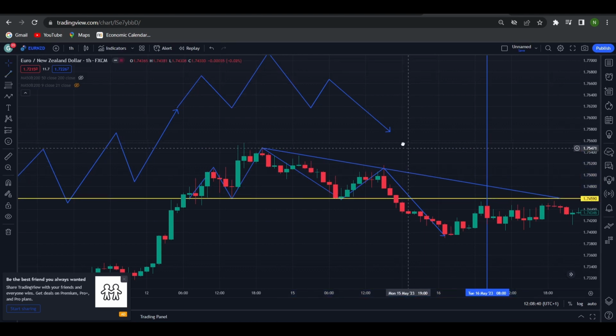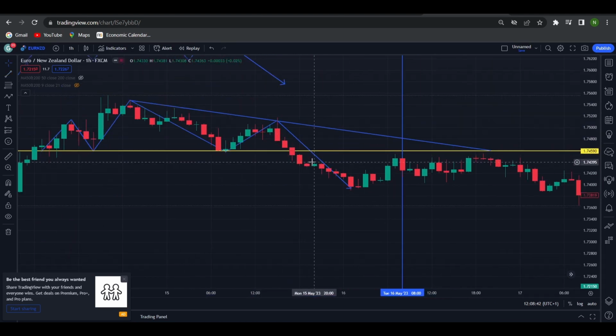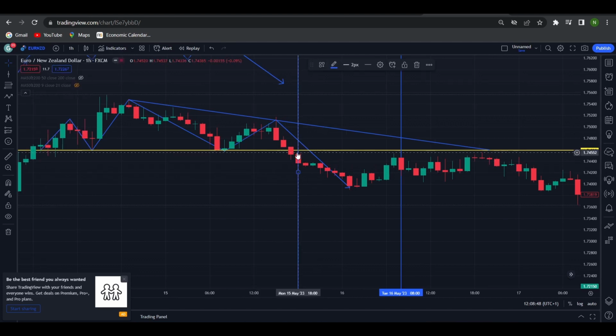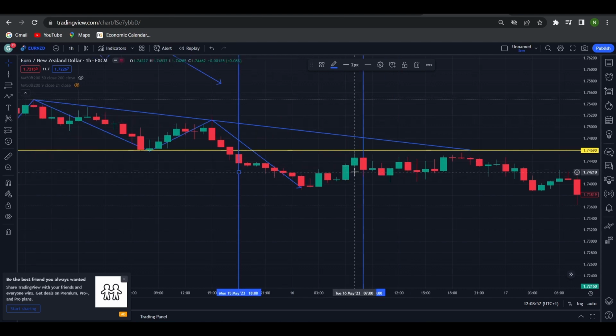So let me get my trend line, and you can see that it dropped the price lower. After breaking the neckline, some people prefer to trade it straight out of the neckline, entering on the first bear candle that they see, but I prefer to do something different and instead wait for a retest of the neckline.